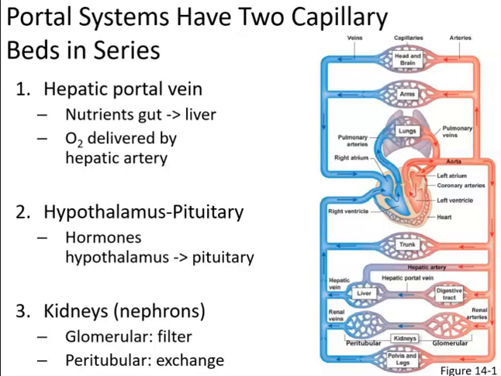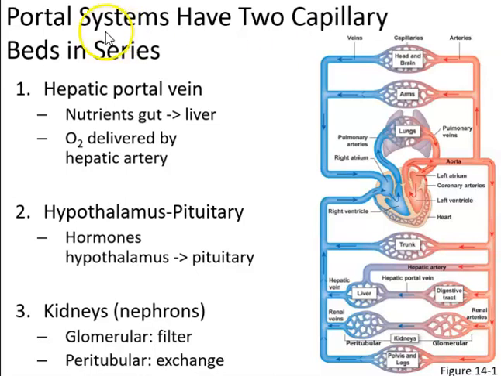We know that the liver will process these nutrients and can also use these nutrients for storage. For example, glucose that gets filtered and absorbed also can be stored in the liver as glycogen being that stored form of glucose that we use in states of starvation.